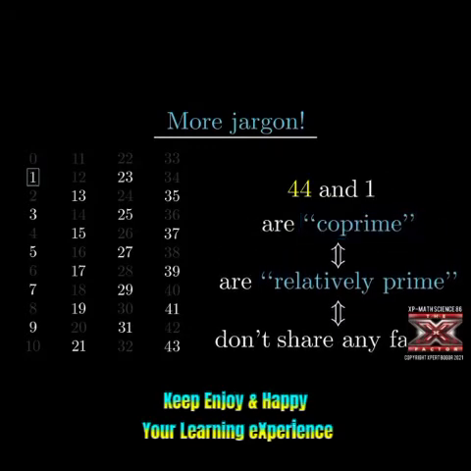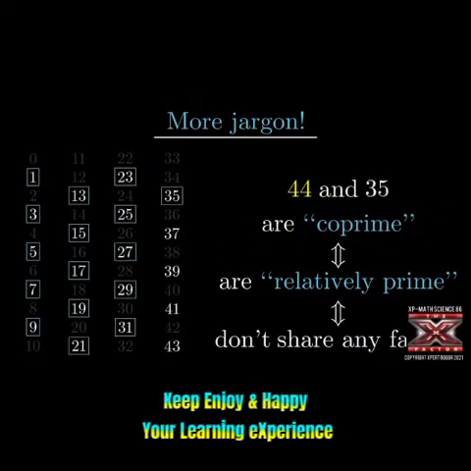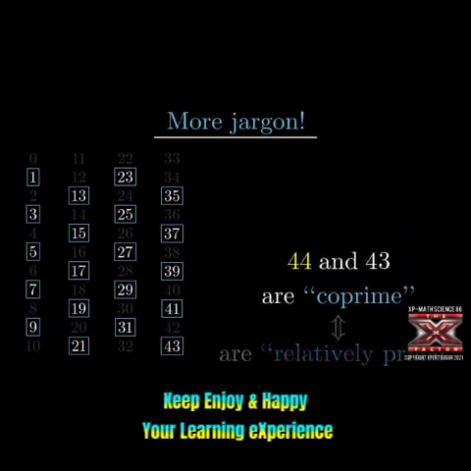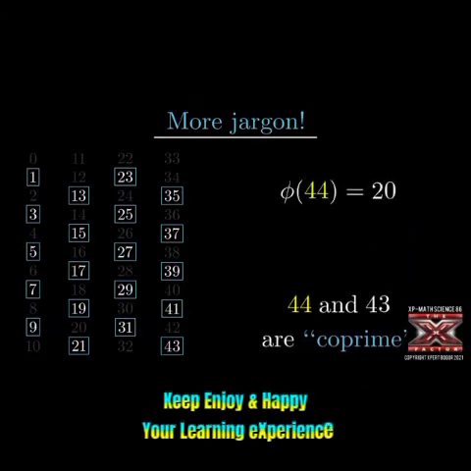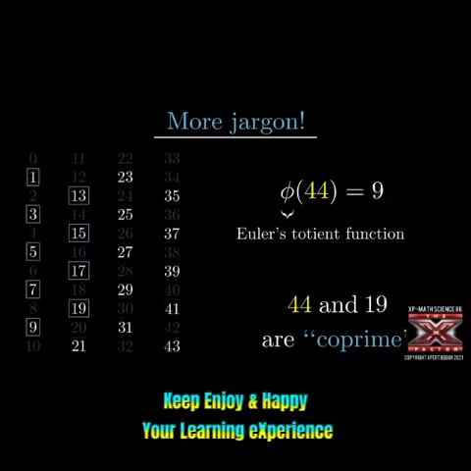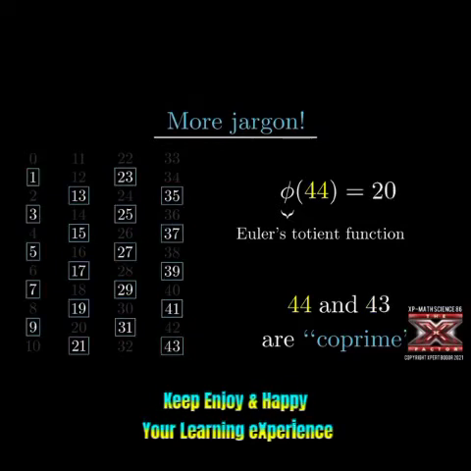In this example, you could count that there are 20 different numbers between 1 and 44 that are co-prime to 44. And this is a fact that a number theorist would compactly write by saying phi of 44 equals 20, where the Greek letter phi here refers to Euler's totient function, yet another needlessly fancy word, which is defined to be the number of integers from 1 up to n which are co-prime to n.